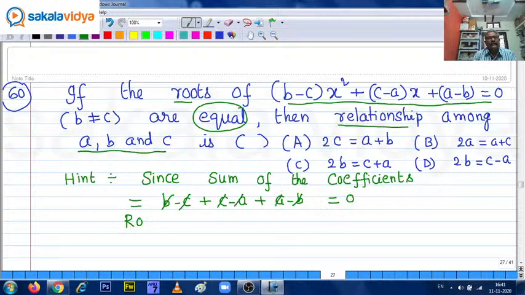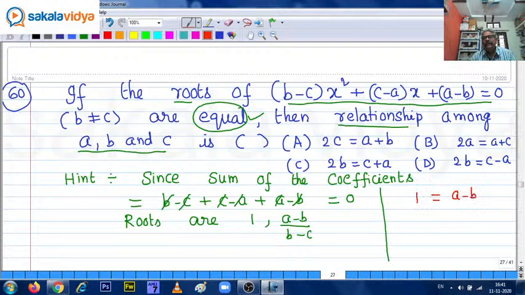What are the roots? Roots are 1 comma a minus b upon b minus c. According to the problem, they are equal, which means 1 equals a minus b by b minus c.